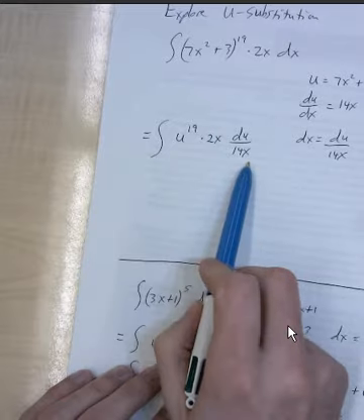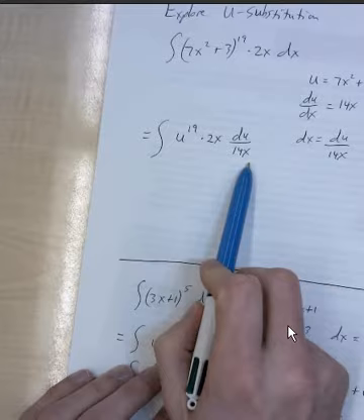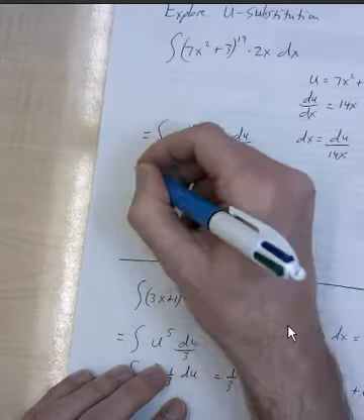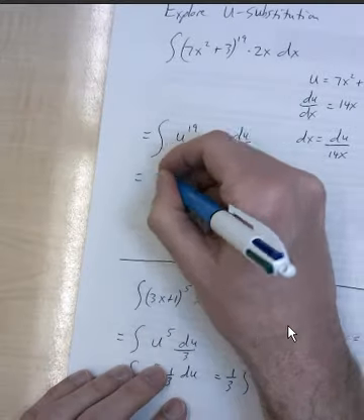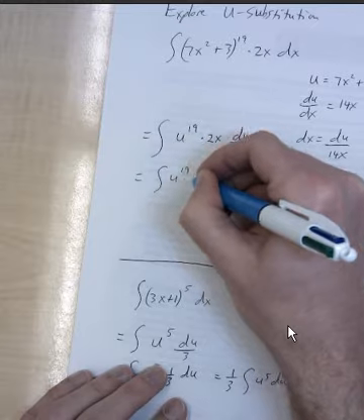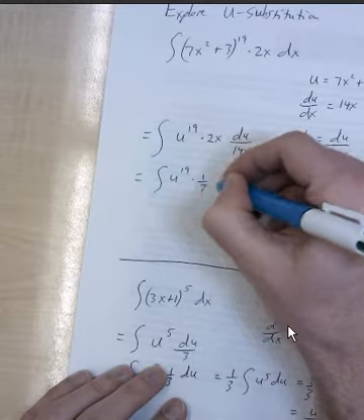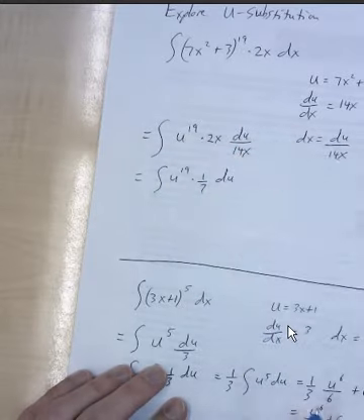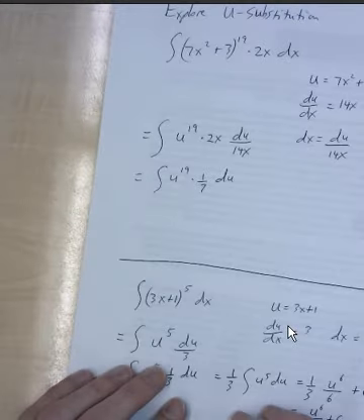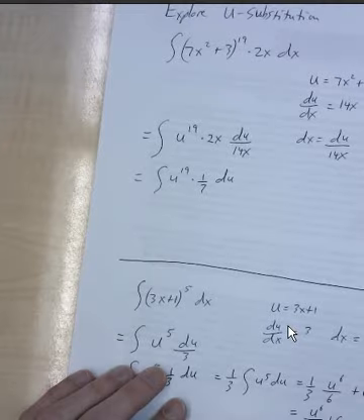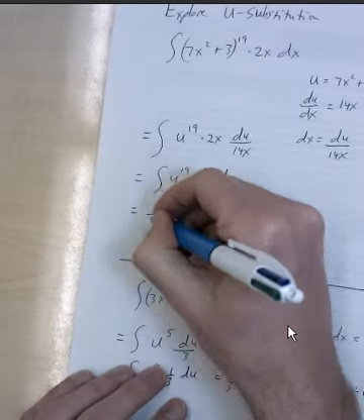So it equals u to the 19th times 1/7 du. Where does the 1/7 go? Outside. 1/7 integral of u to the 19th du.